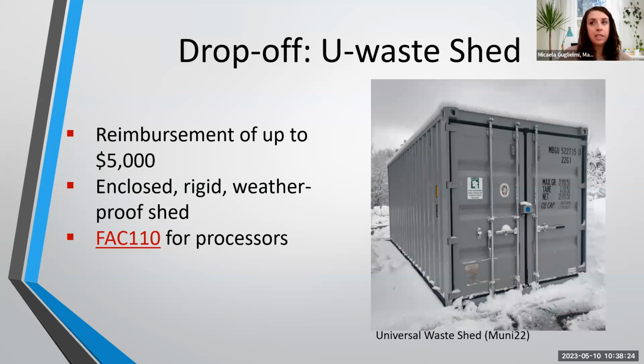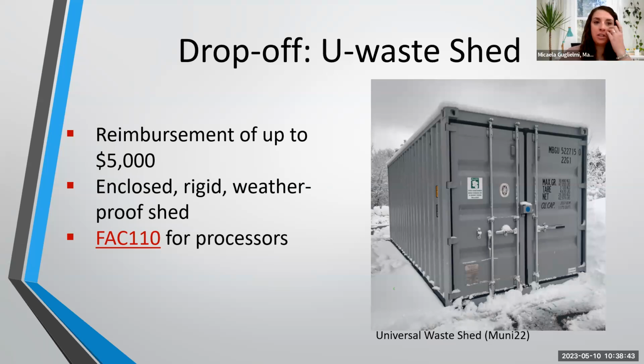And now this municipality can collect that material and store it safely. And then the FAC 110 state contract is for processors who could pick up this equipment to process it. And yeah, so that's the drop off.